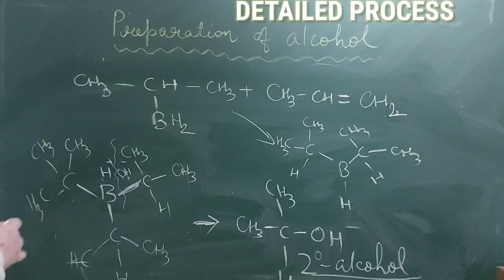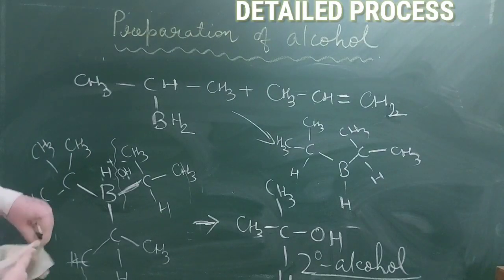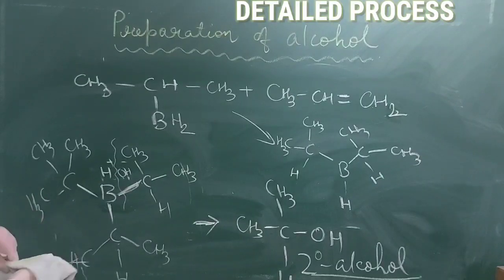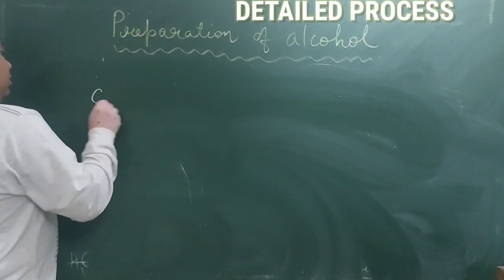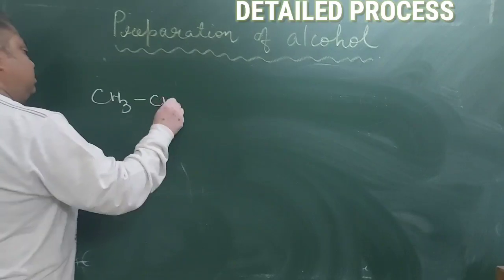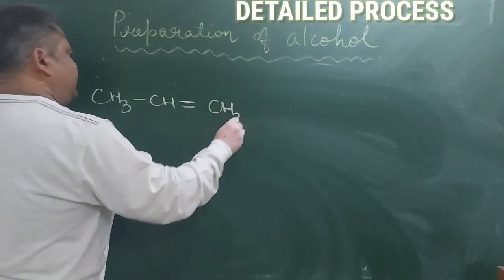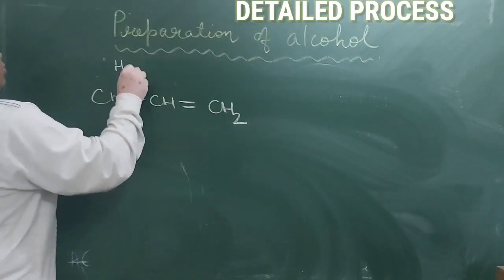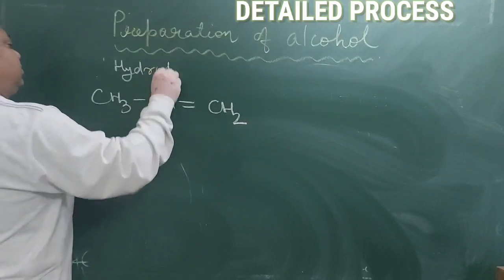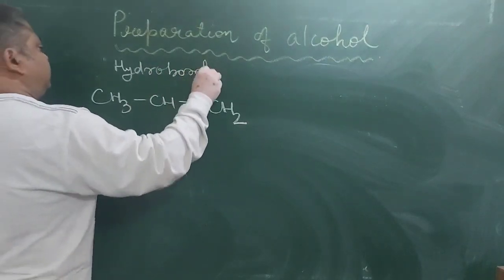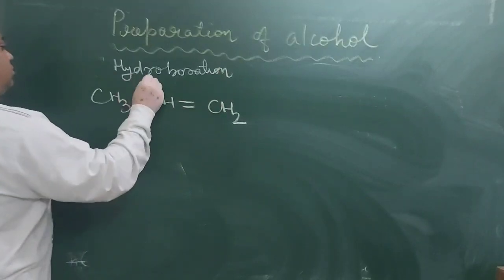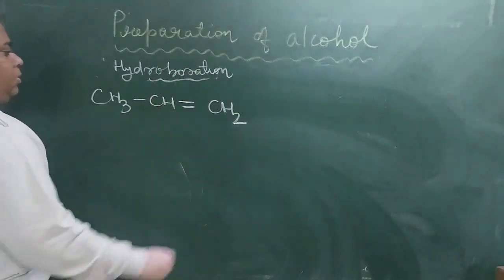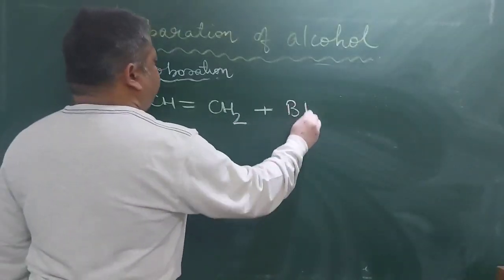In short, if you want to see this, we can see it in this way. All right. Let me summarize this big reaction. Okay, it is not big, it is repetitive. CH3 CH double bond CH2. This is hydroboration. We are giving BF3.